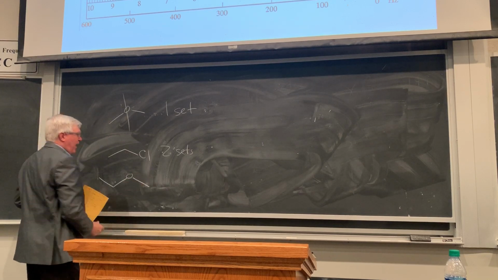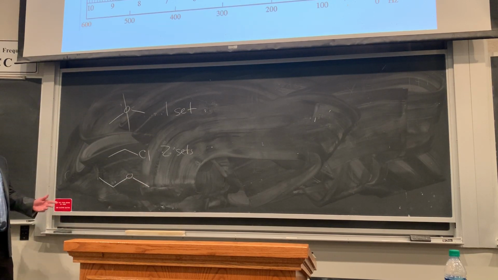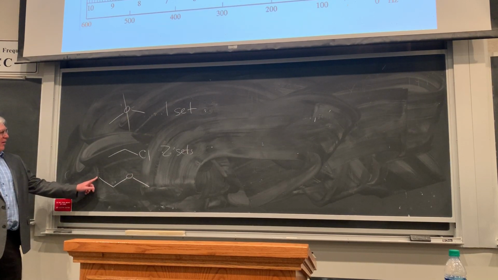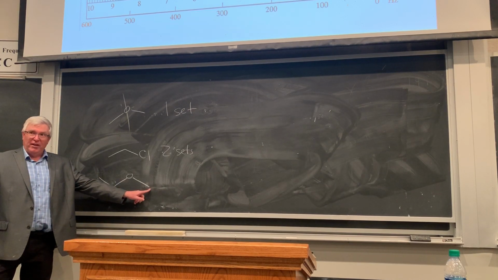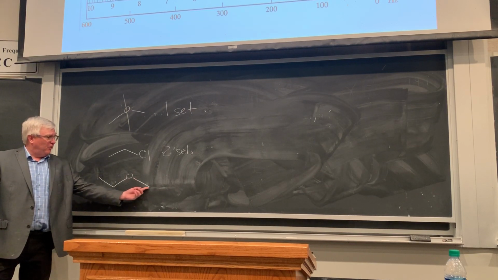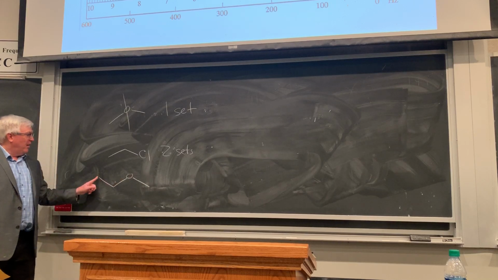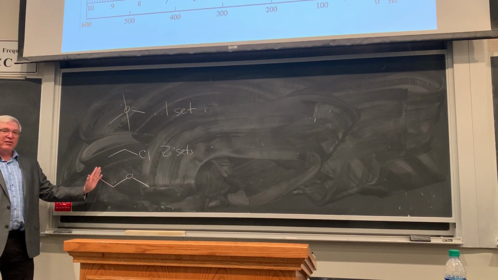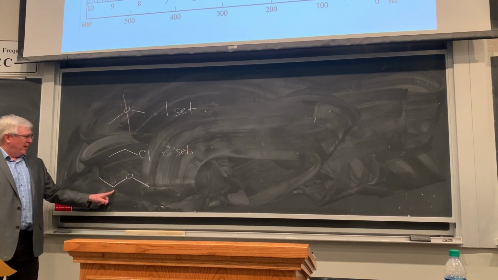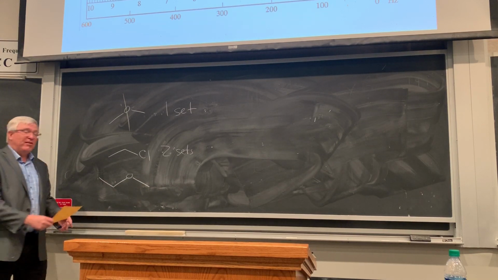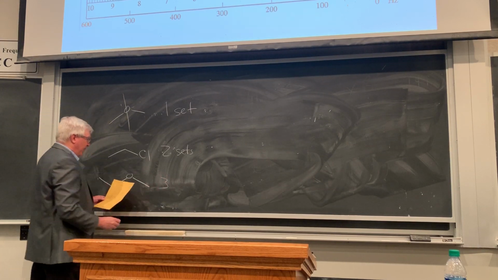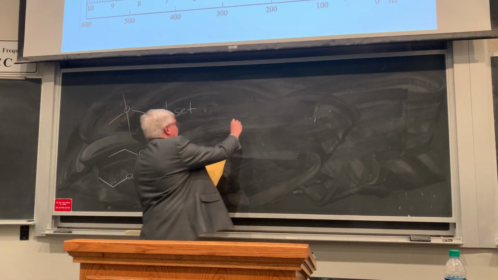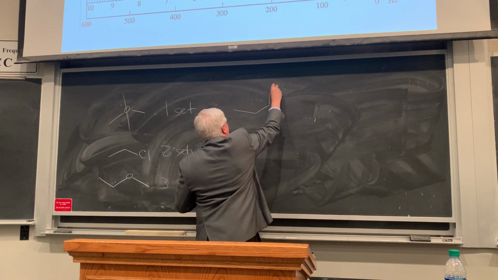How about ethyl methyl ether? So this methyl is different than that methyl, even though they're both CH3s. This one's directly attached to oxygen. This one has a methylene in between. And there's no symmetry to exchange that methyl and that methyl. And then this methylene's distinct. So how many sets here? Right, 3 sets, okay?